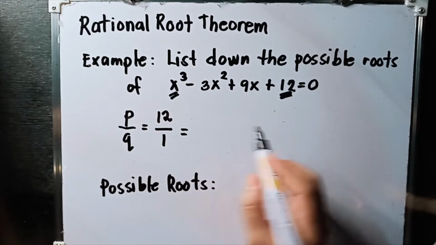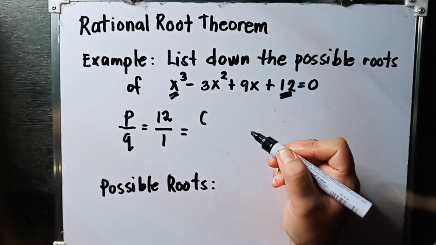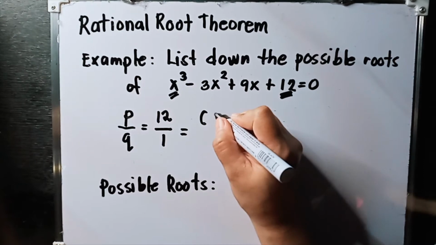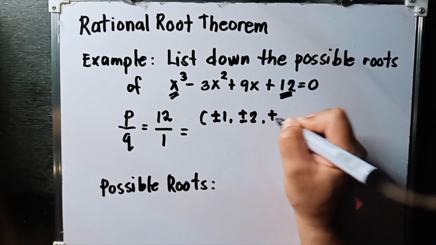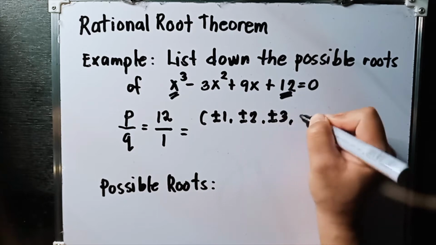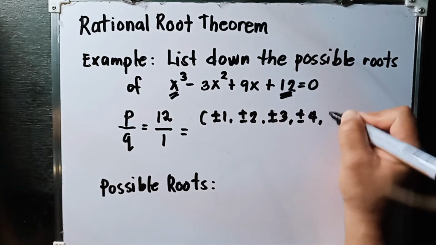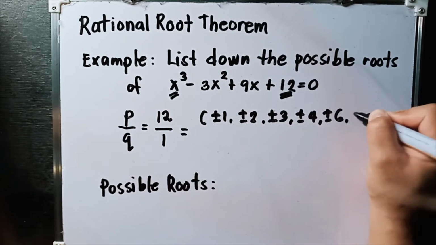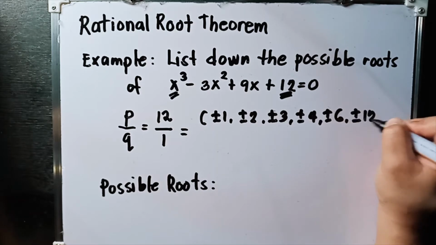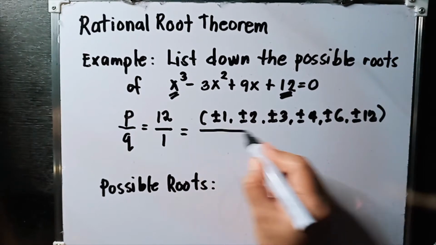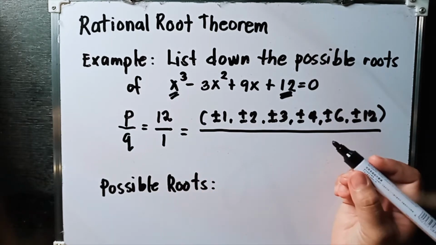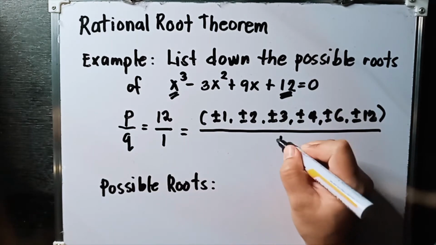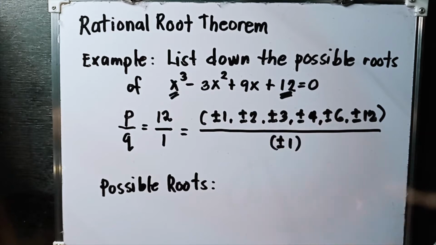And then we're going to list down the factors of 12. These are positive negative 1, positive negative 2, positive negative 3, positive negative 4, positive negative 6, positive negative 12. And then, we list down the factors of 1, which is positive negative 1.